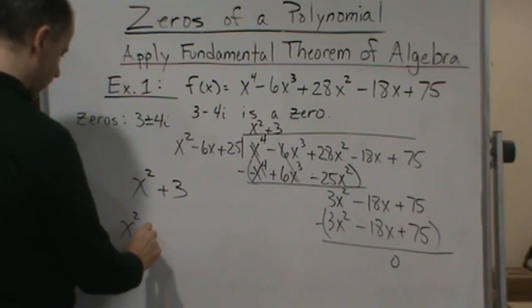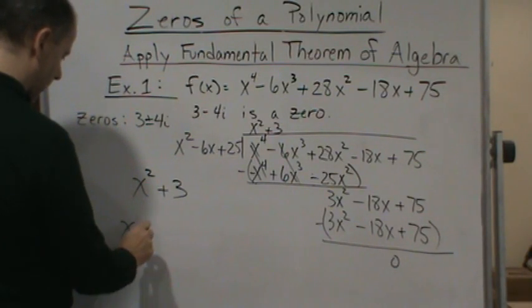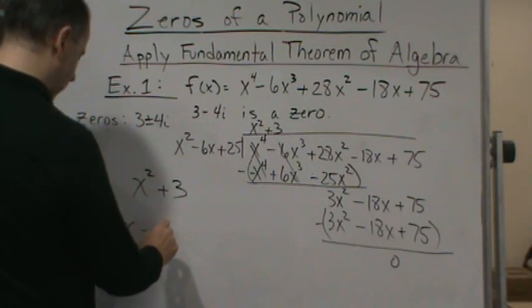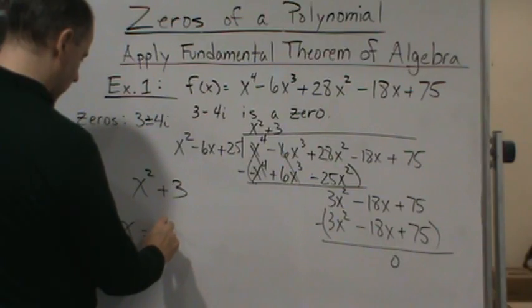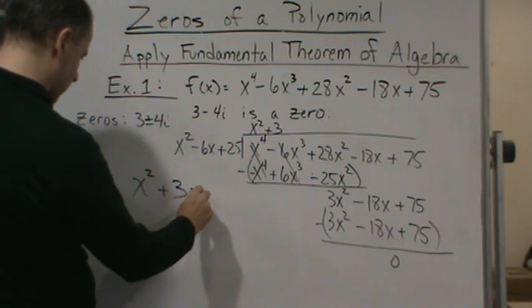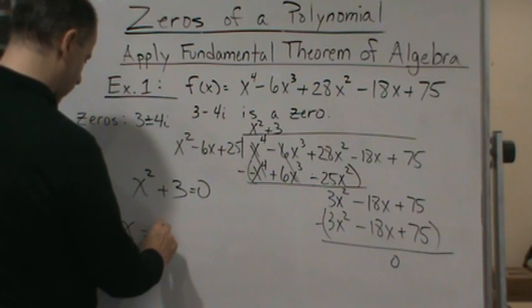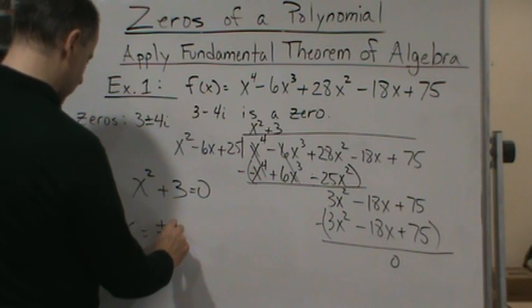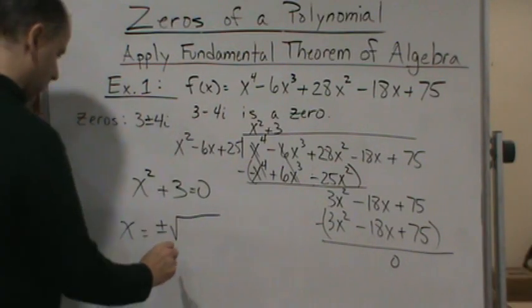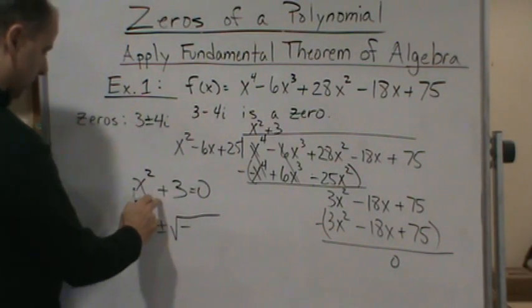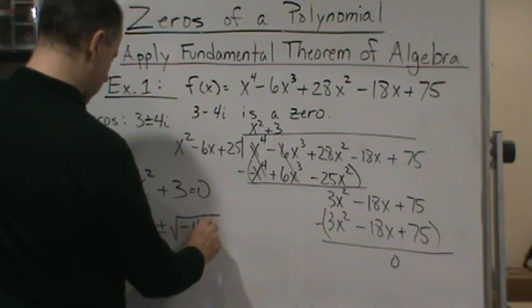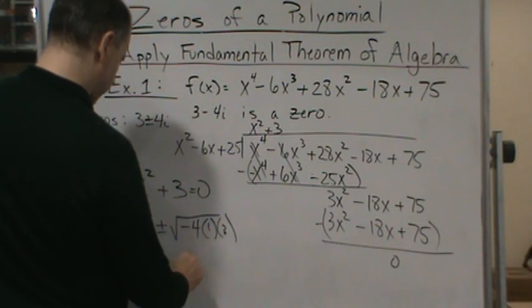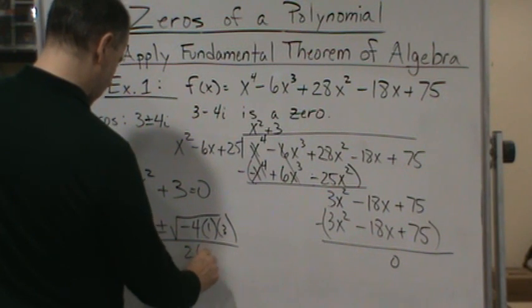So x equals, so that's going to be 0. So if we set this equal to 0, this is going to give us x equals plus or minus the square root of negative, because b is 0 in this case, so minus 4 times 1 times 3, all over 2 times 1, right?